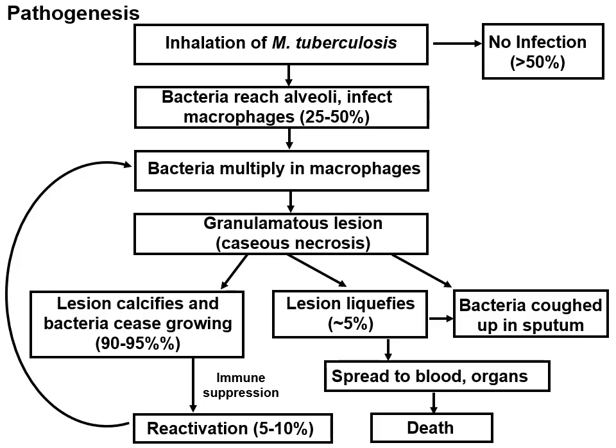Now the lesion itself, in the majority of the population, it will calcify. So the lesion calcifies, the bacteria ceases to grow. That's in about 90 to 95% of the population. If this happens, then you should be fine later on in life, except for about 5 to 10% of the population who may have some form of immunosuppression.